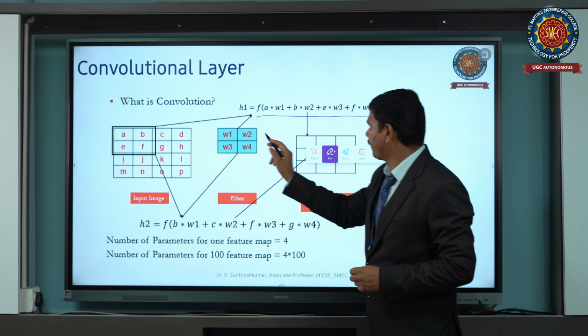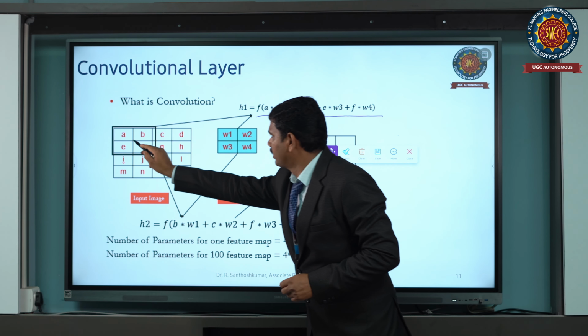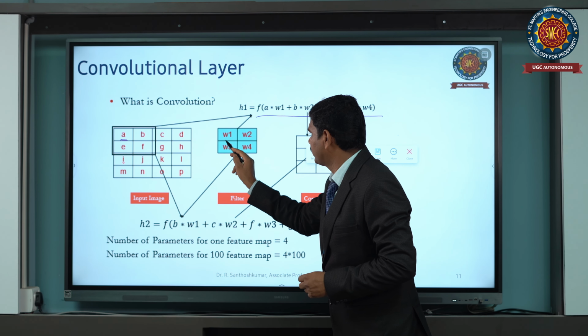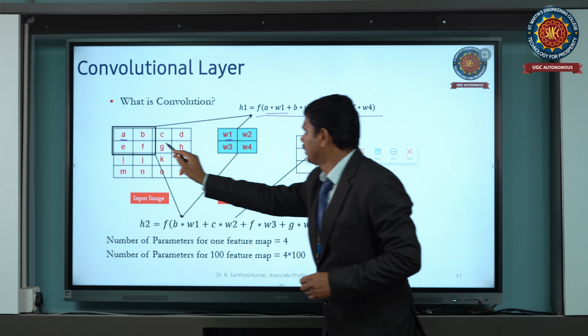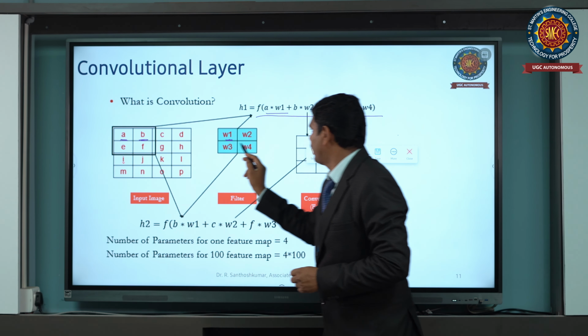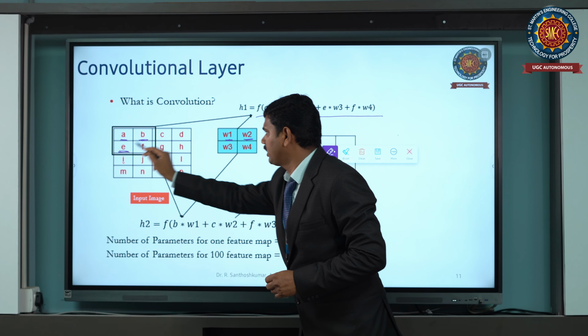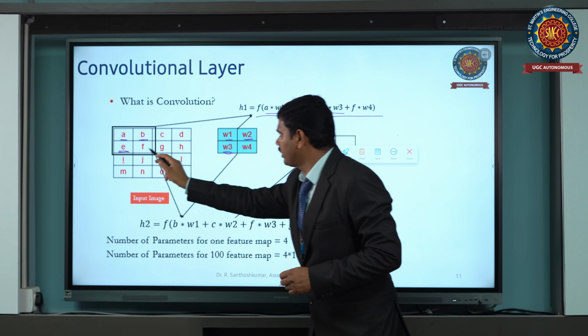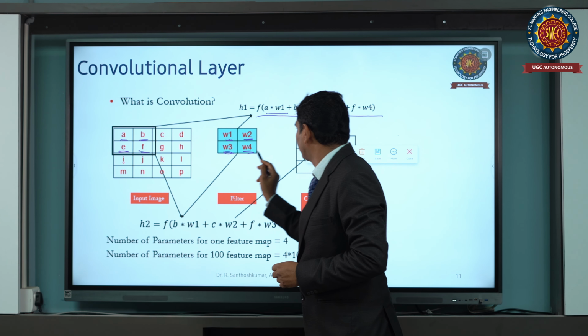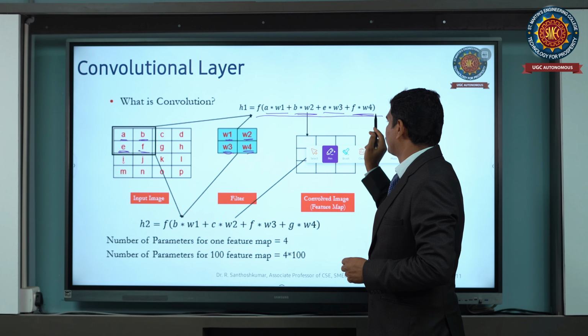Now see the convolved image 1, a function of A. I am going to multiply with the weight W1 plus B with W2, and in 2 cross 2 size, I am going to multiply E with W3 and F with W4.